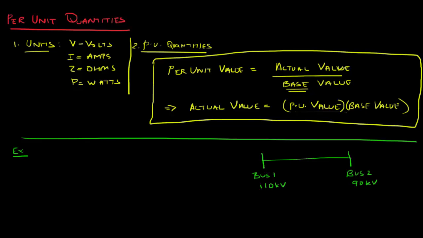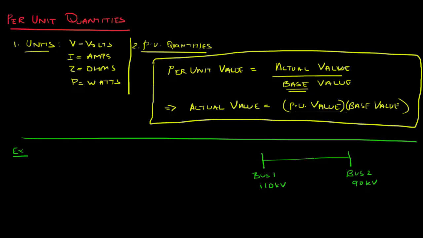Now, before I go any further, if you're very new to power system analysis, this might look different or new to you. You might not be used to terminologies of buses and seeing a diagram like this with lines. This is basically a single line diagram. It's an easier representation of a power system network.